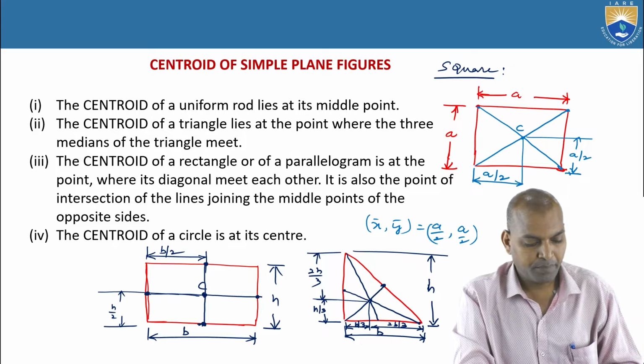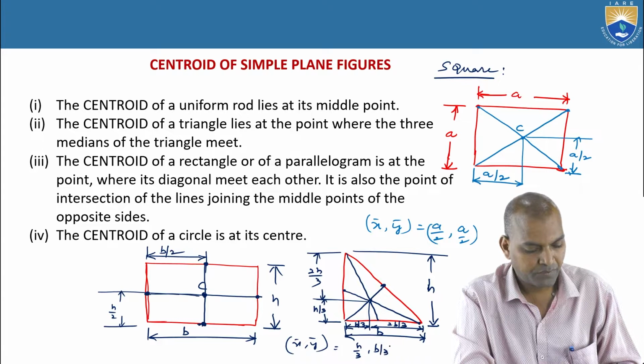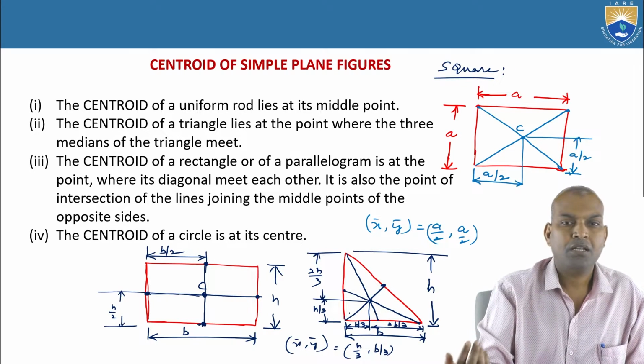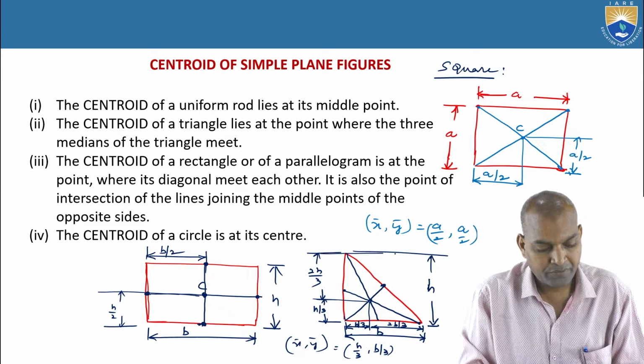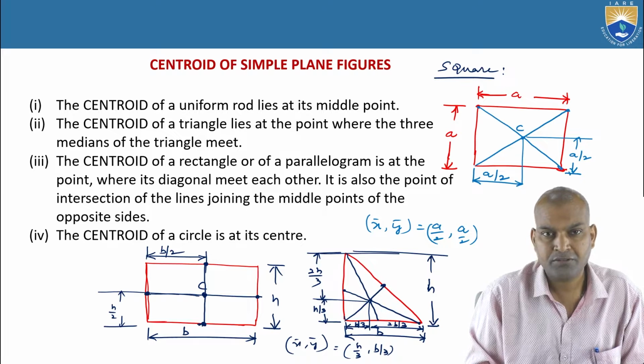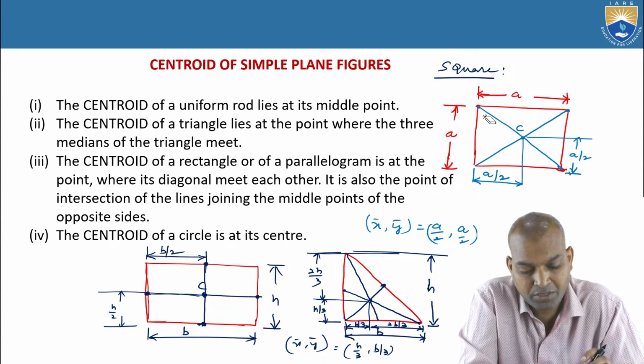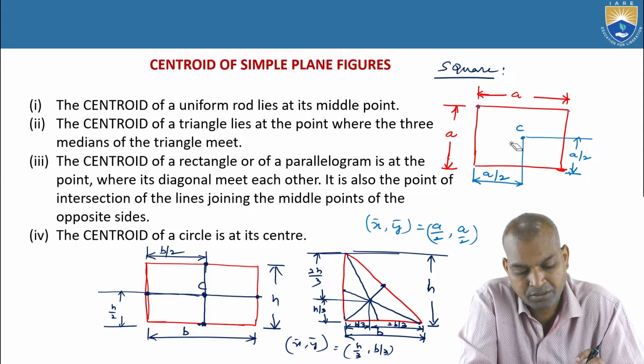So alright, bar x and bar y equal h by 3 comma b by 3 from the base. If we consider the reference as the top axis, then it becomes 2h by 3 and 2b by 3.